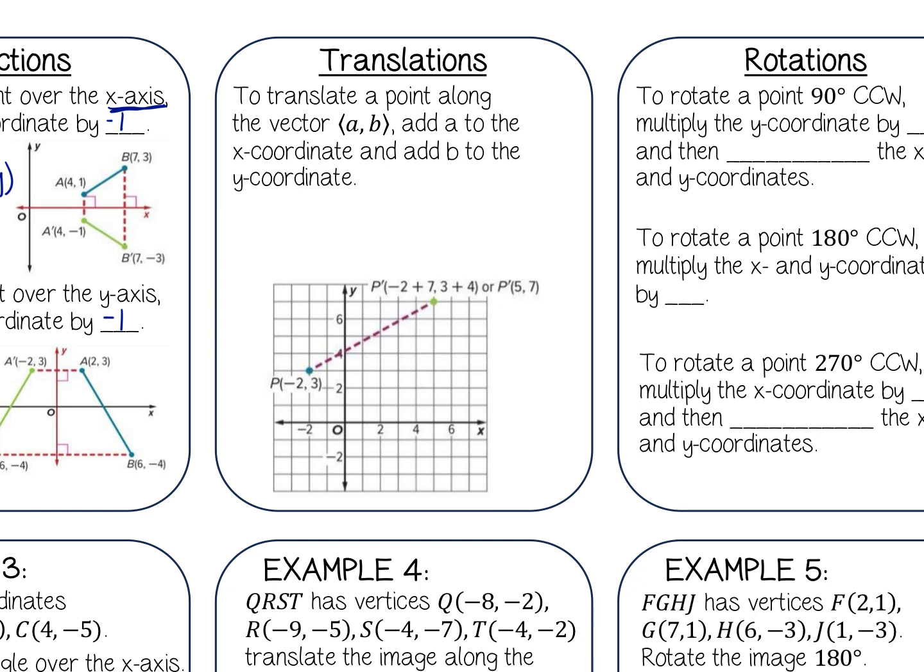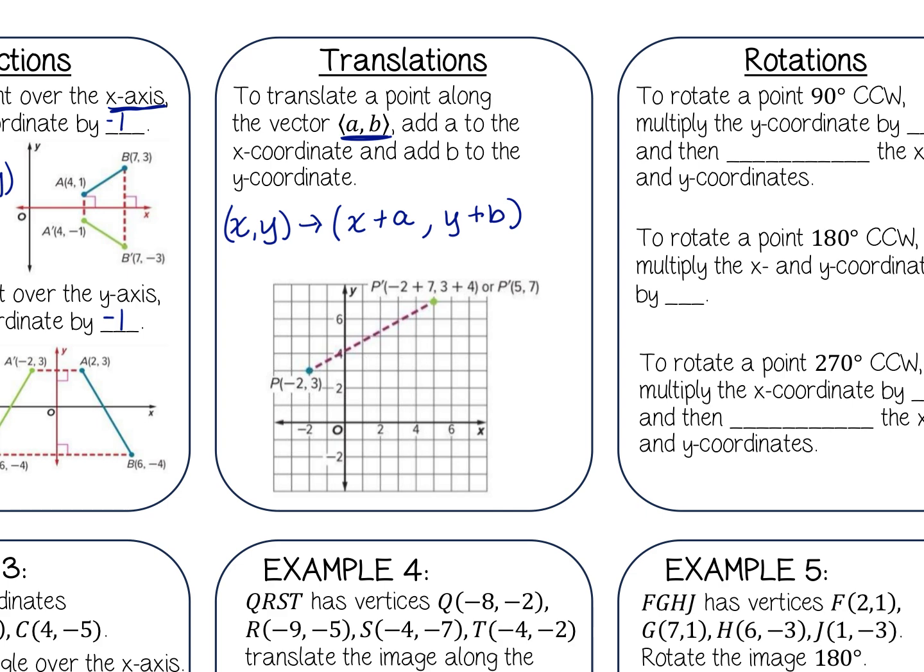So it looks like this. If we start with the point (x, y), and it's translated along this vector, it would be the x-coordinate that we started with plus A, and then the y-coordinate that we started with plus B. And that would be our new coordinate.